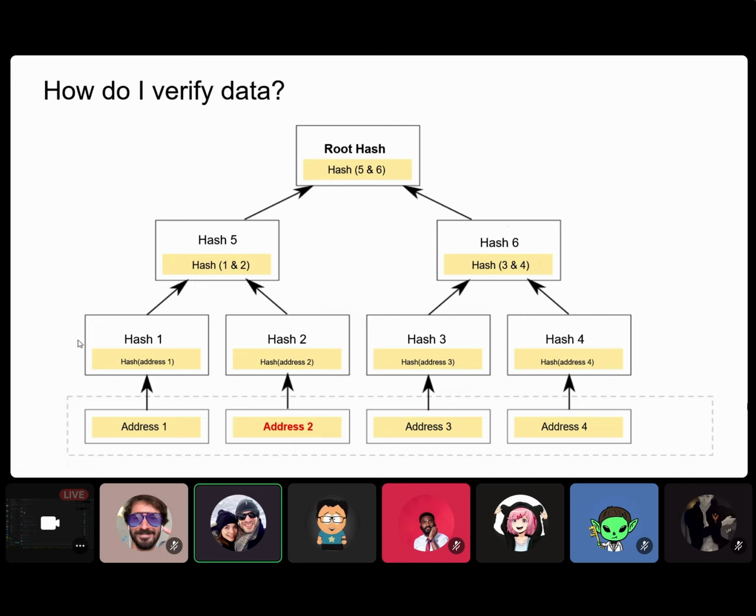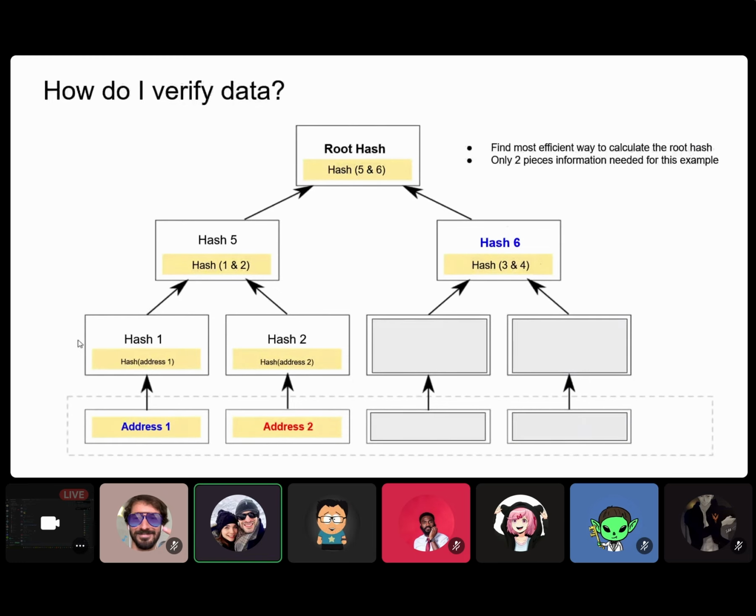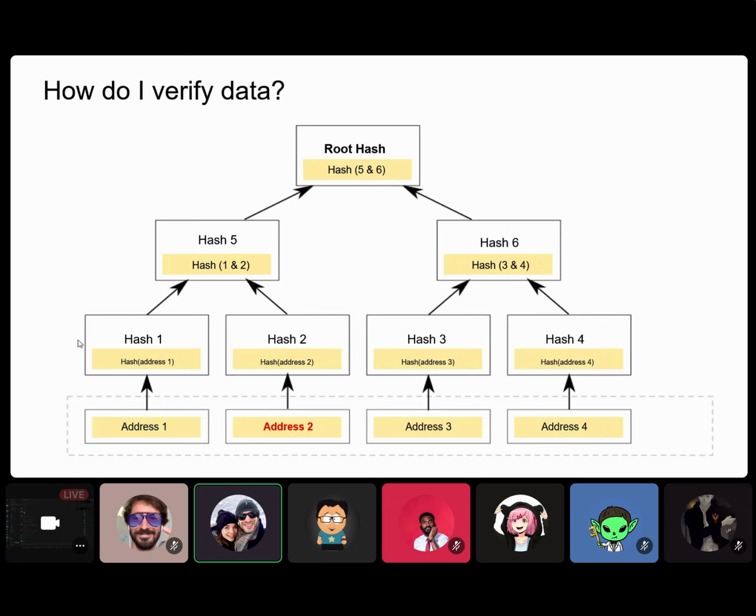I would need to generate a proof. I'm going through this quickly, and I apologize, I just don't want to spend hours talking about Merkle trees. So if I just wanted to verify, for example, address 2, I could do it by generating a proof. You do that by basically hashing all of these until you get to the root hash.